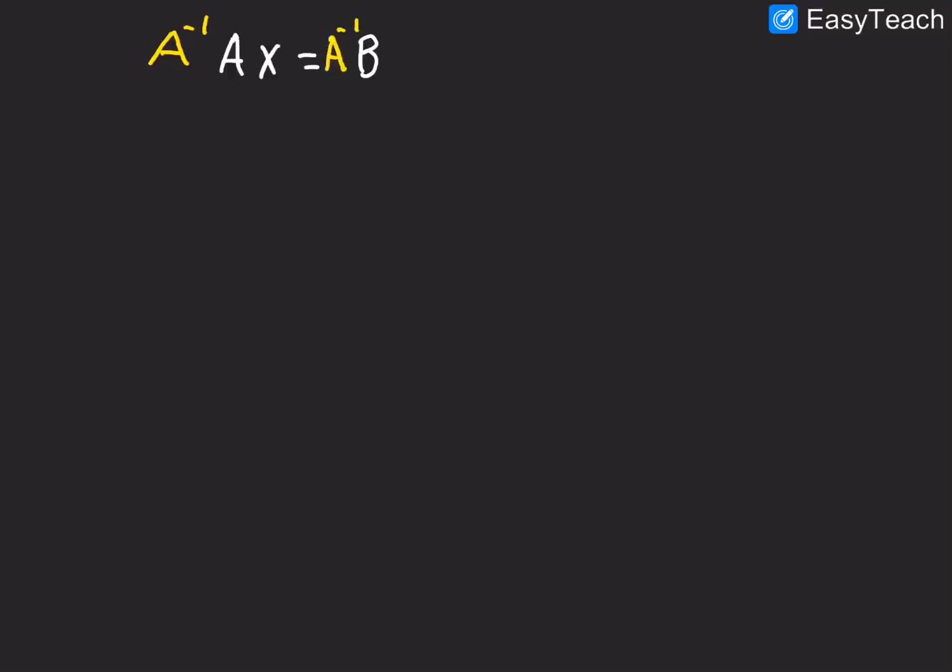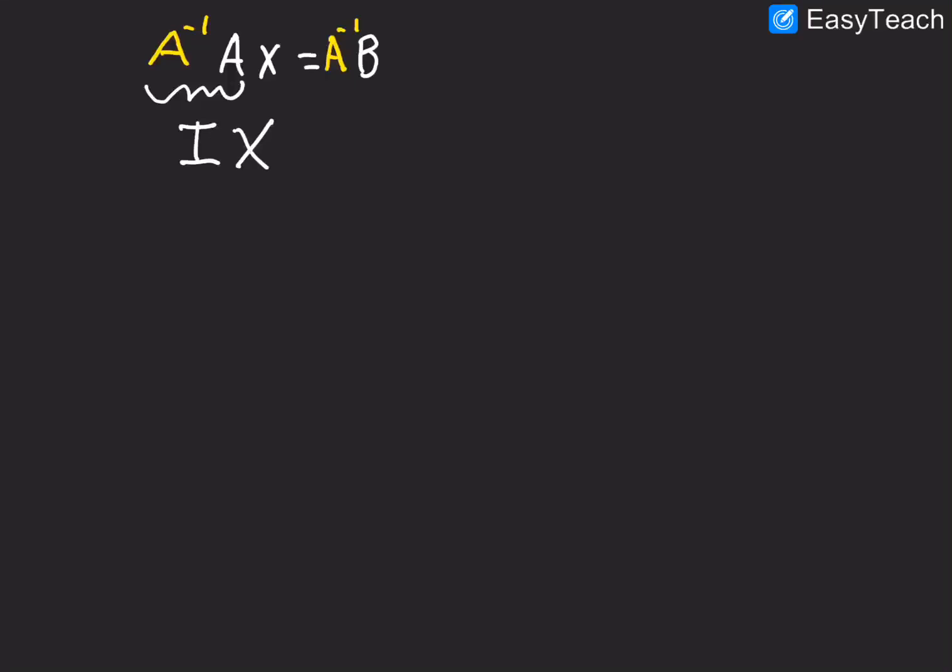So right now, you just have to believe me. The inverse matrix A multiplied by the matrix A is going to equal this I, which is called the identity matrix.